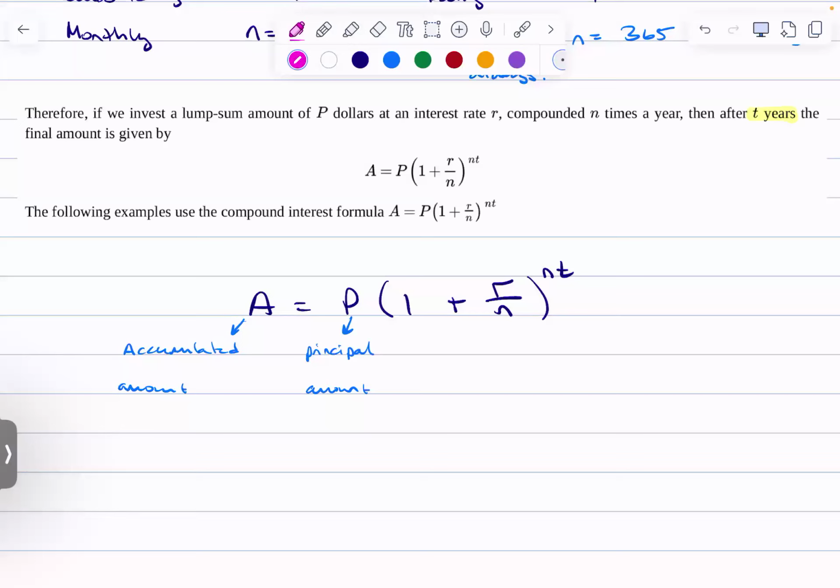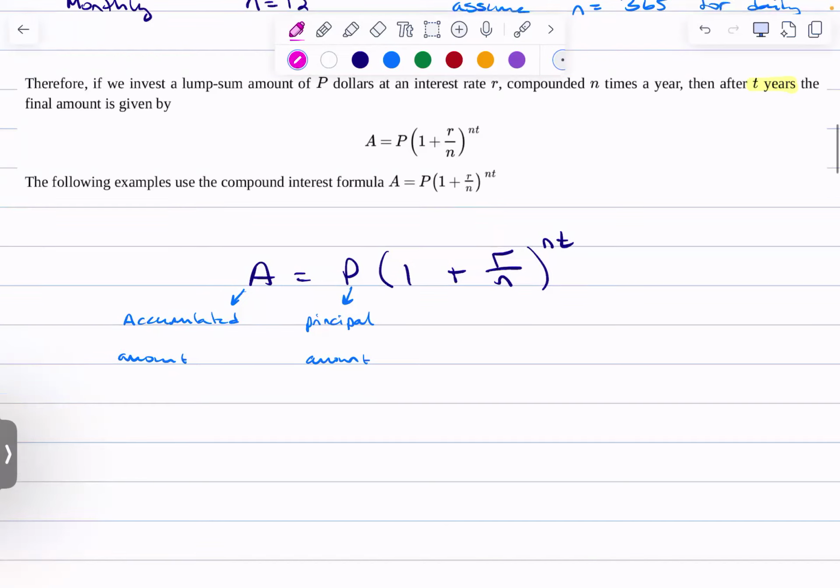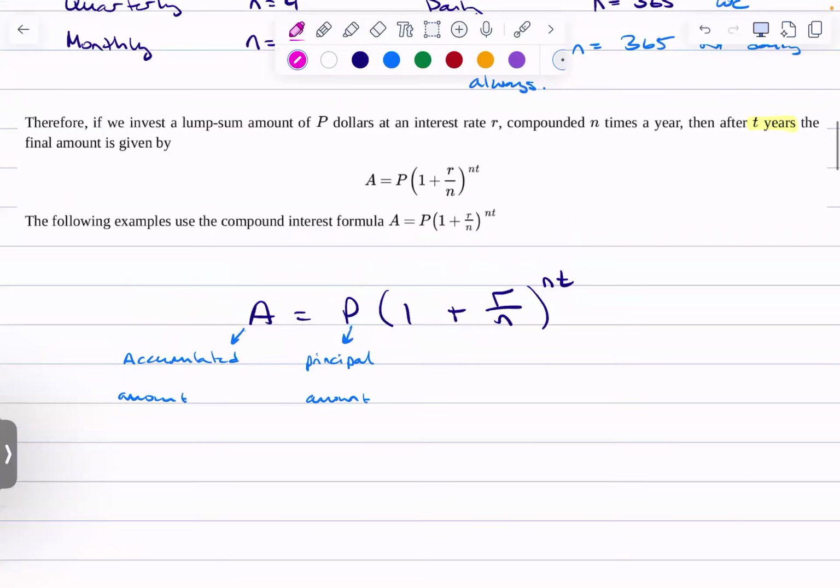It's the number of compoundings per year. So N is the number of compoundings per year.